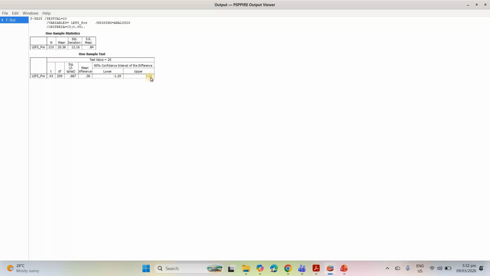In the lower end we have a negative value, and in the upper end we have a positive value, which means that this confidence interval includes 0. That also tells us there's a possibility that 20 could actually be it, because it might not be different from what the sample data is showing. So that is how you do a one sample t-test using PSPP.